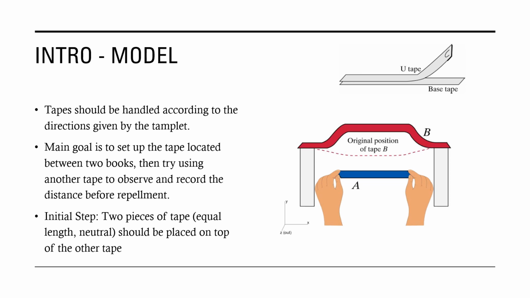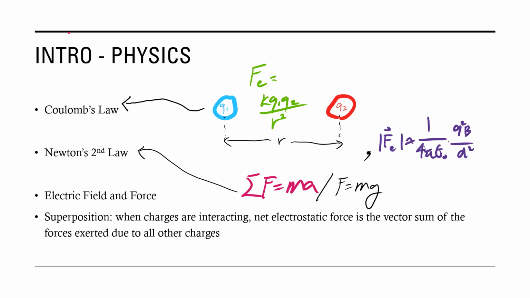The model that was used for the experiment was the same as for lab 1. Most of the physical properties used in lab 1 were also used: Coulomb's law, Newton's second law, and the concept of electric field and force.